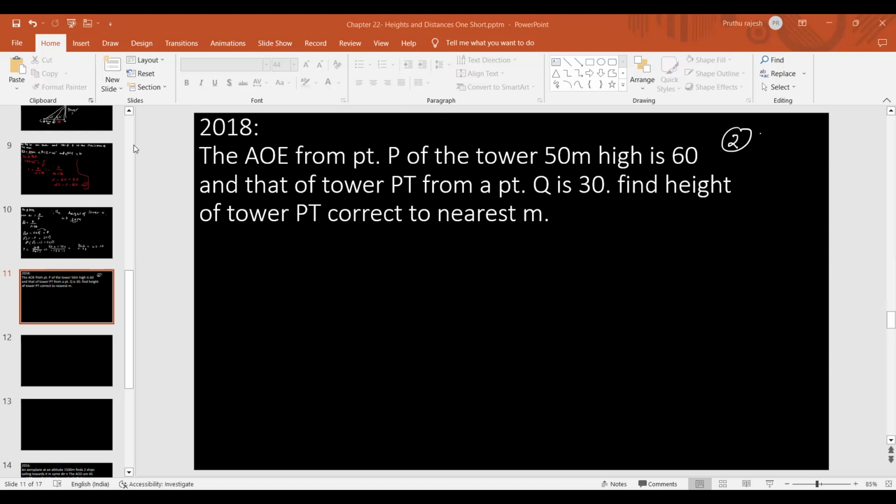The angle of elevation from a point of a tower 50 meters high is 60 degrees, and that of tower PT from a point Q is 30 degrees. Find the height of tower PT correct to the nearest meter. So, very straightforward ICSE question.